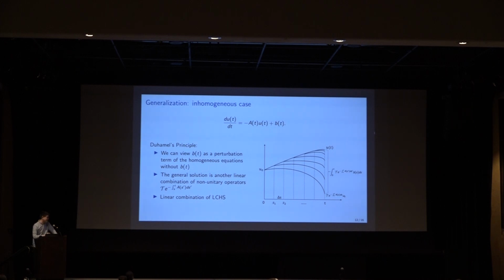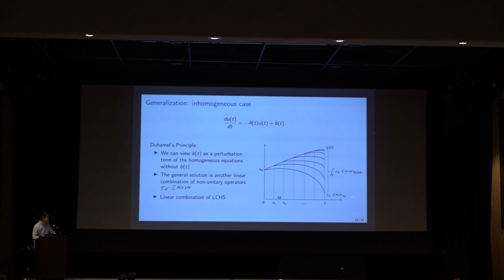So the idea, the so-called Duhamel principle, is that we can view this source term as a kind of perturbation of my original equation without the source term. Here on the right, I have a figure where the top curve is the full solution of my equation with this source term, and the curve at the bottom is the solution of my equation without the source.